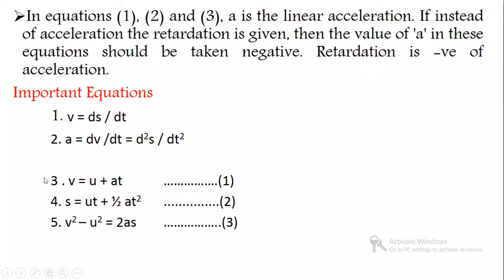Then equation 1, to find the final velocity, v equal to u plus at. Equation 2, s equal to ut plus 1 by 2 at squared, and equation 3, v squared minus u squared equal to 2as. Okay, these are the important equations, you have to note them down.